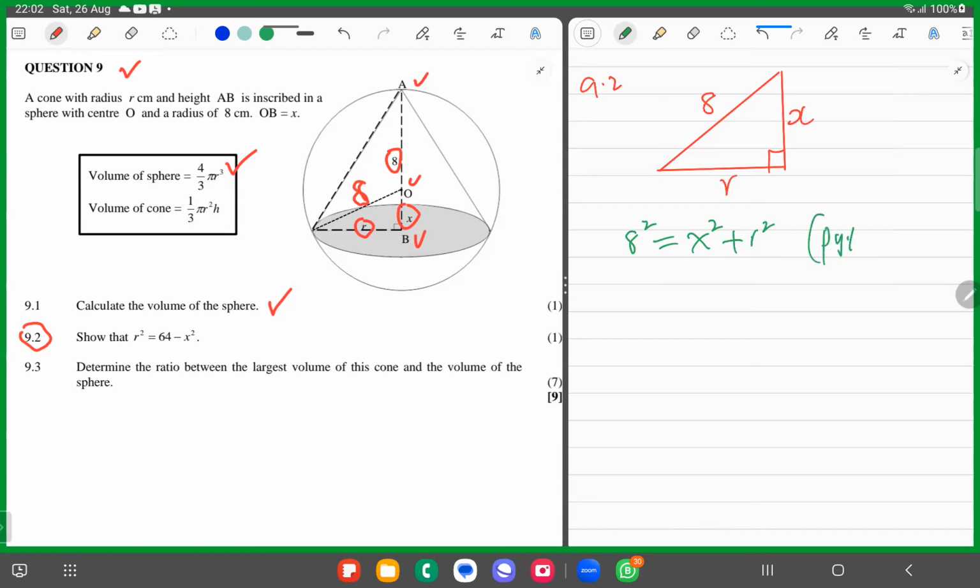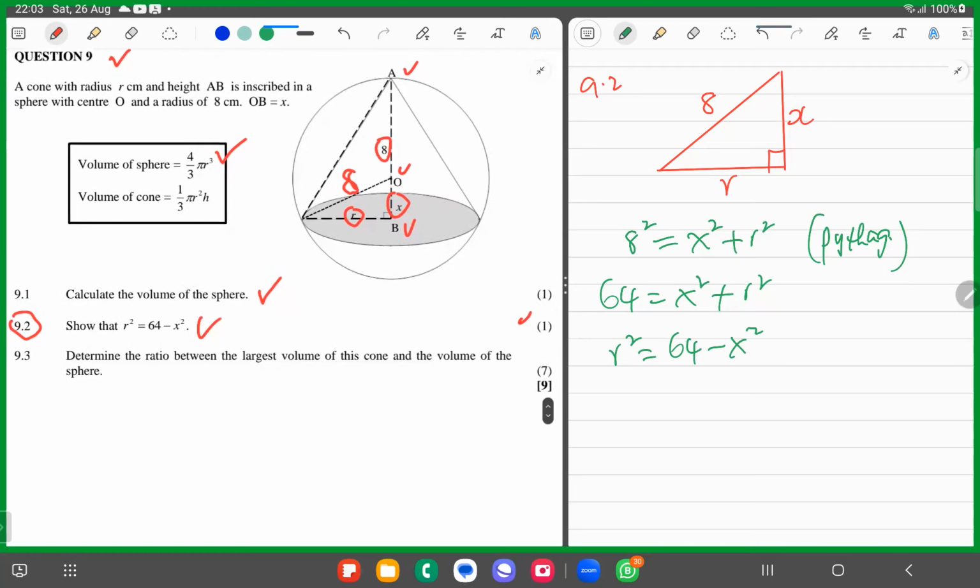This is called Pythagoras, which means 64 equals x squared plus r squared. So what is r squared? Which means r squared is exactly 64 minus x squared, which is exactly what they wanted us to show, therefore 1 mark.